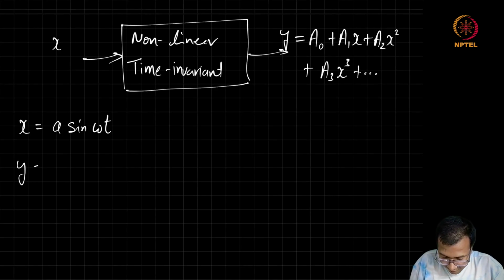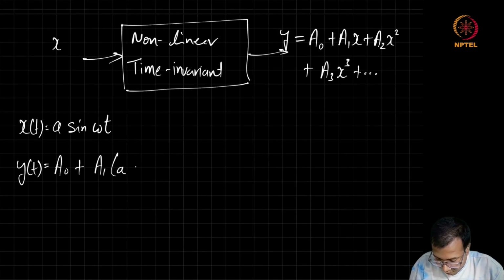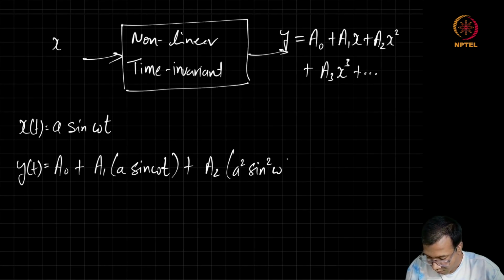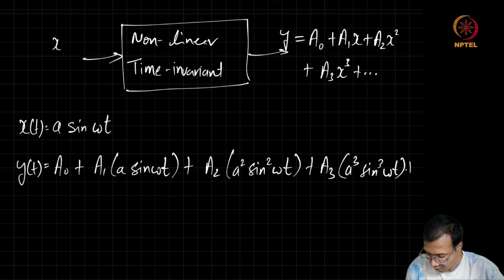So in such a scenario, we can see that this Y is going to be in this form: a0 plus a1 A sine omega t plus a2 A squared sine squared omega t plus a3 A cubed sine cubed omega t and so on.